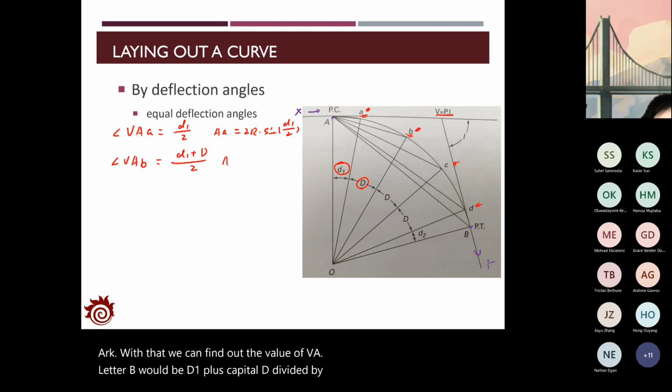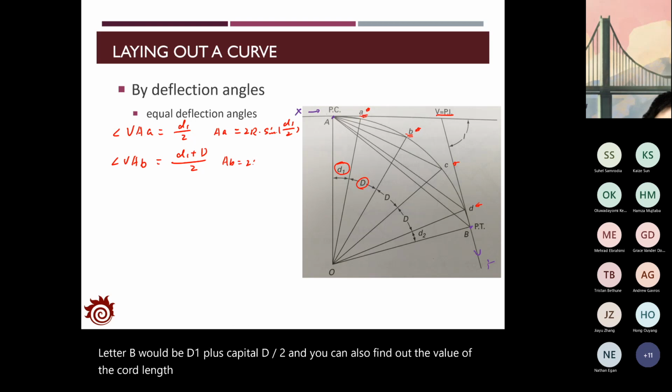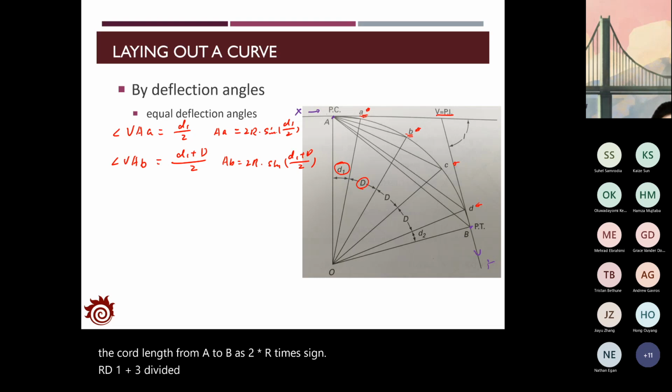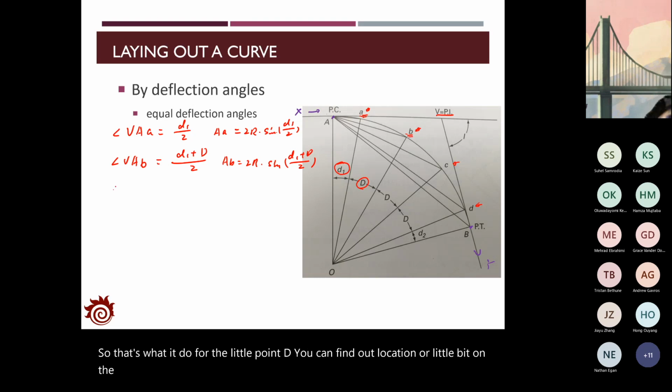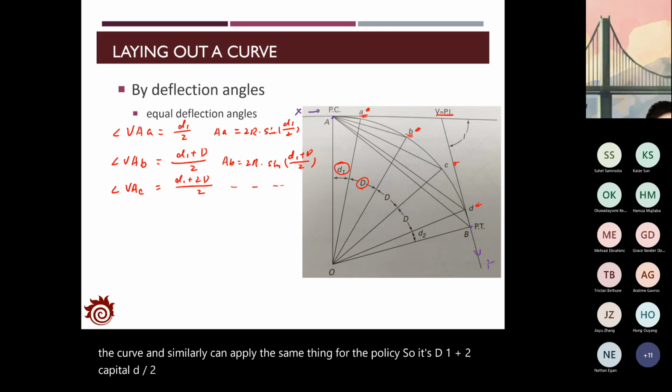And you can also find out the value of the chord length from a to b as 2 times R times sine of (d1 plus D) divided by 2. So that's what you do for the point b. You can find out the location of letter b on the curve. And similarly, you can apply the same thing for the point c. So it's (d1 plus 2D) divided by 2, and similar functions can be applied for the chord length.